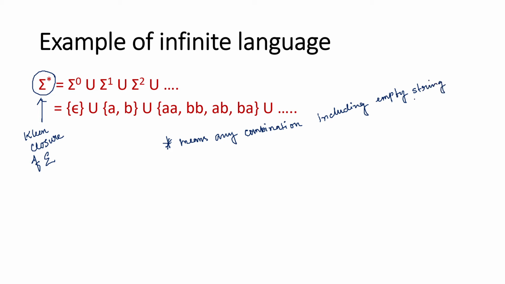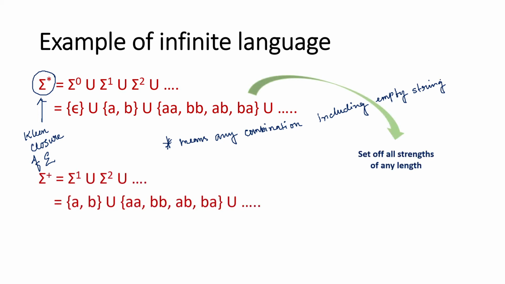Now if I want to exclude this empty string, it will be basically what we call sigma plus. You see, sigma plus.